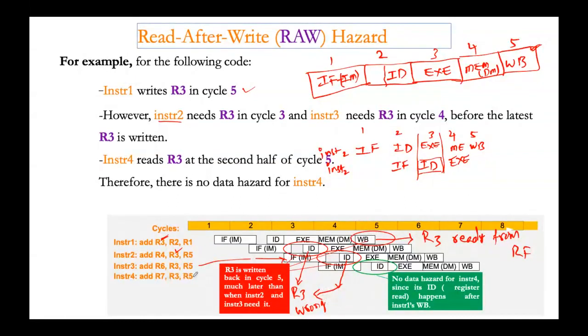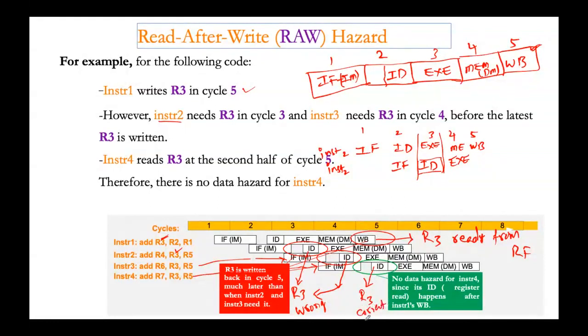But for instruction 4, when it is fetching in the fourth cycle and decoding in the fifth cycle, it reads the value of R3 in the second half of the fifth cycle. So here R3 gives the correct value.